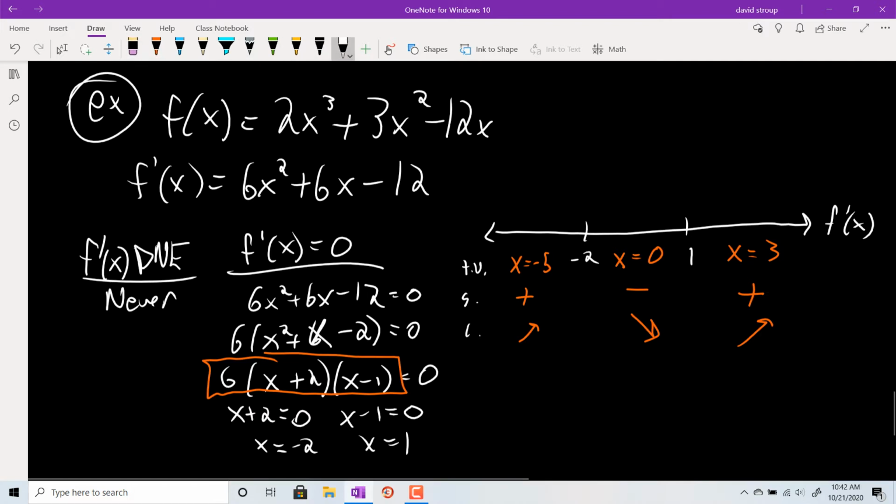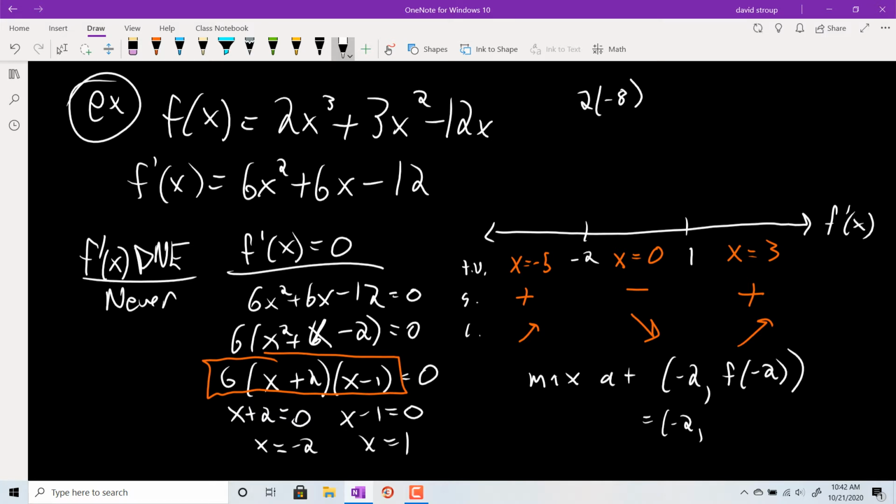In other words, a relative max, technically, at (-2, f(-2)). You could just write f(-2) if you want, but you literally have to take it and put it back into the function. So it would be -2, comma, and I haven't figured this out, so let's do it. 2 times -8 plus 3 times 4 minus 12 times -2. -16 plus 12 plus 24.